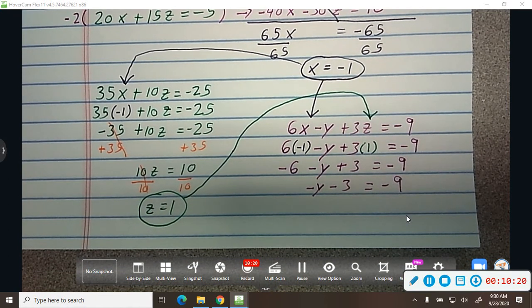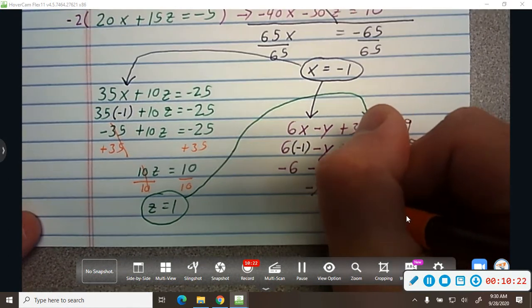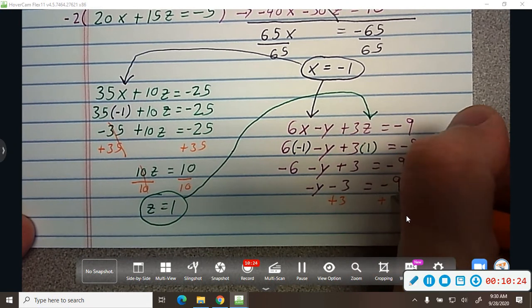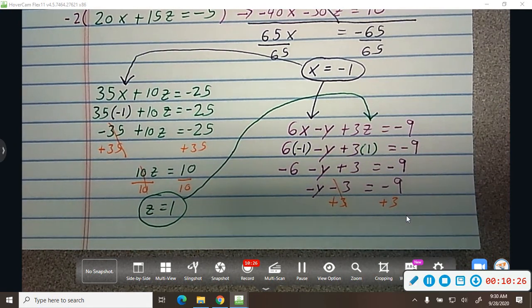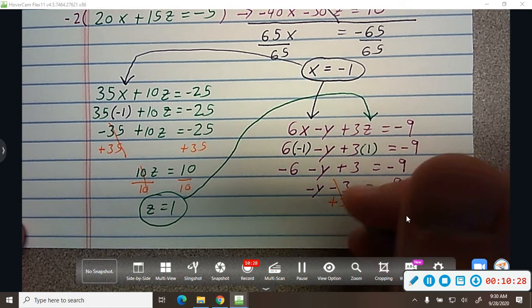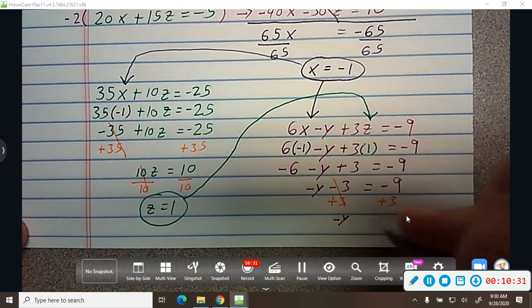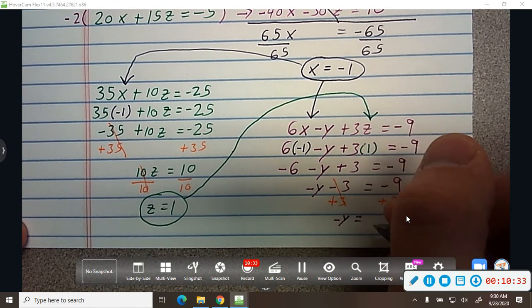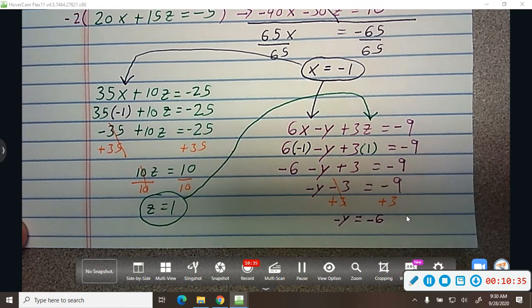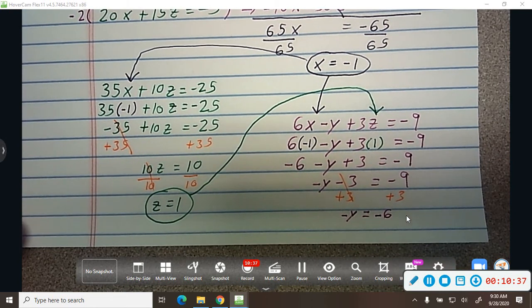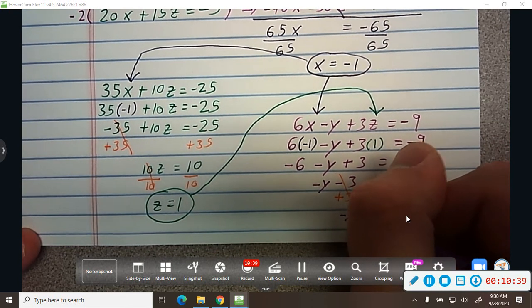And then I would add 3 to both sides. Running out of room here. And I get negative y is negative 6. So if negative y is negative 6, that means positive y is positive 6.